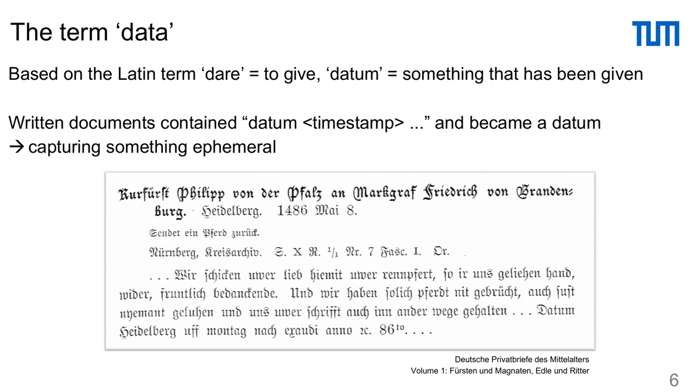Well, as usual, we continue by having a look at the origin of the term data, and like a lot of important terms, this one goes back to a Latin term, dare, which means to give, and datum, which is the participle, is something that has been given.